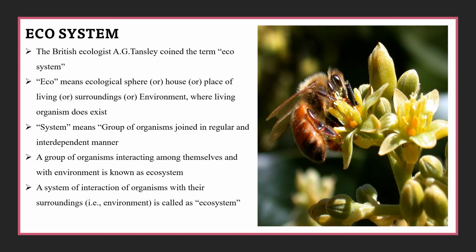A system of interaction of an organism with their surrounding, that is environment, is called an ecosystem. So, the ecosystem is nothing but the biotic community of species interacting with each other and with the abiotic condition.